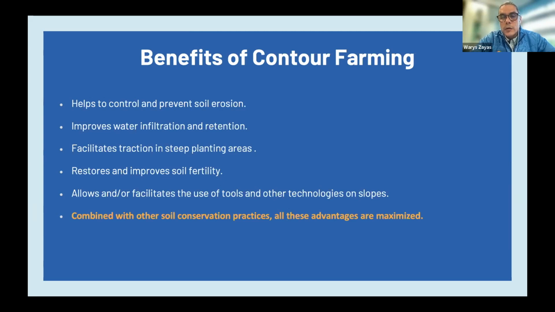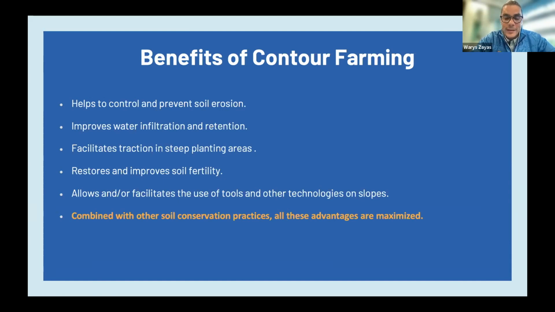Soil erosion is a really important topic in farming, especially in more industrial farming, right? We have been depleting our soil for the past decades, and today we can consider soil as a non-renewable resource, right?